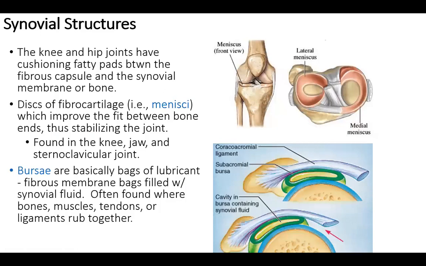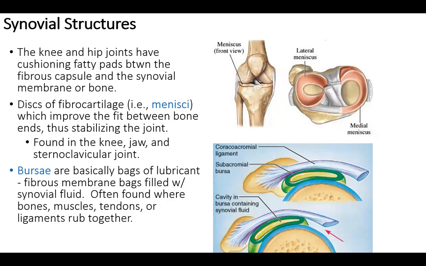Now, something else we encounter to guarantee that we don't have friction is cushioning. We have lots of cushioning at these synovial joints. We have cushions between the capsule, and we have cushions between the bones themselves where they rub.